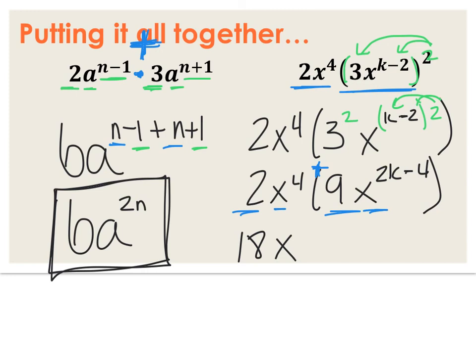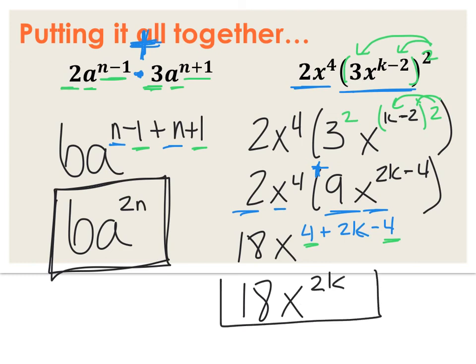So one has an exponent of 4, and I'm going to add to it the other exponent, which is 2k minus 4. Well, these 4's can be combined. One's positive, one's negative, so they're going to cancel. And this ends up being 18x to the 2k. So this one, not only did we have to use the multiplication, we had to use the addition.